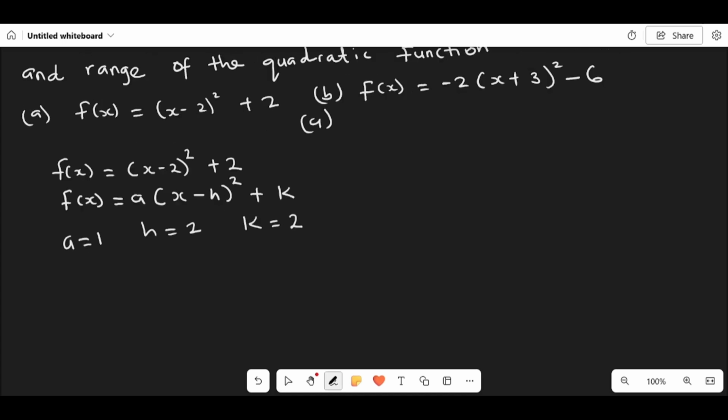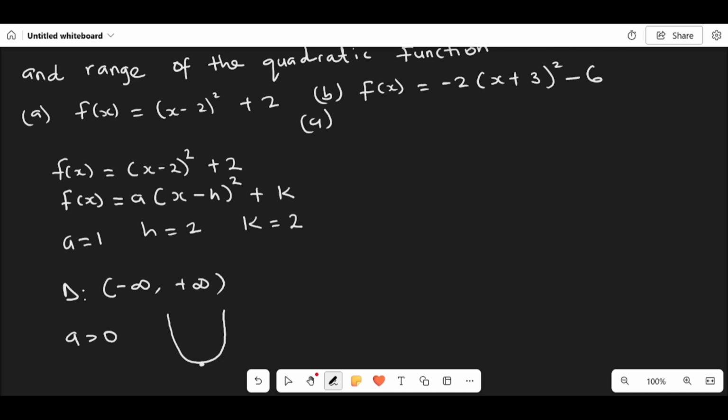And the domain of any quadratic function is always from negative infinity to positive infinity. So our domain, (-∞, ∞). Now we want to determine the range, but I want you to understand that if our a is greater than 0, it means that the graph of our quadratic function opens upward like this, and our vertex point is at this point.